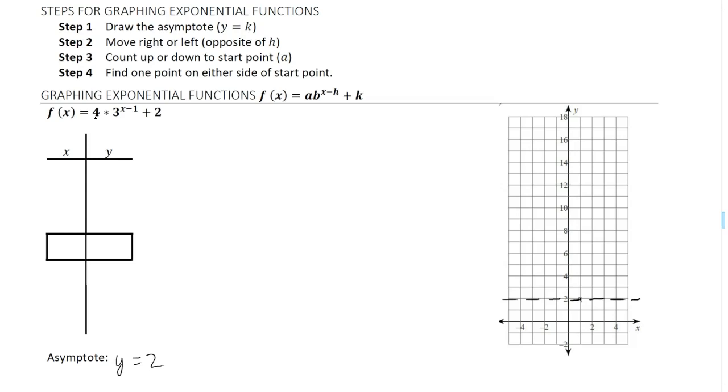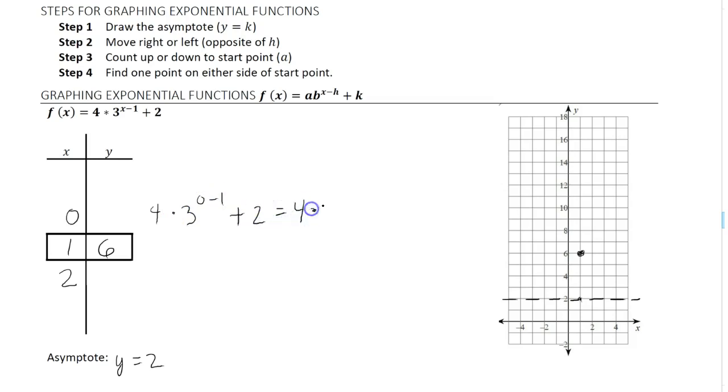Now look at the multiplier at the start. This is 4. Count 4 up from the dotted line. The start point is 1, 6. Now find a point to the left and the right of the first point. 2 is 1 more, 0 is 1 less. Let's find 4 times 3 to the 0 minus 1 plus 2.